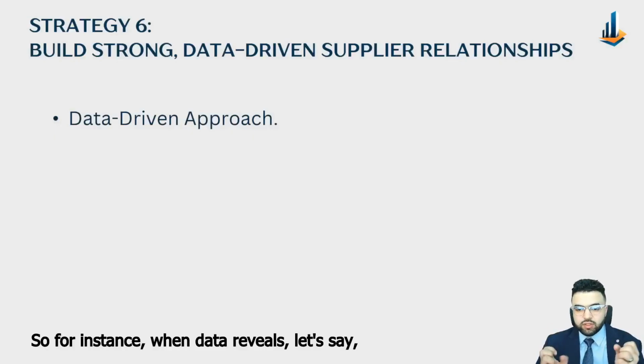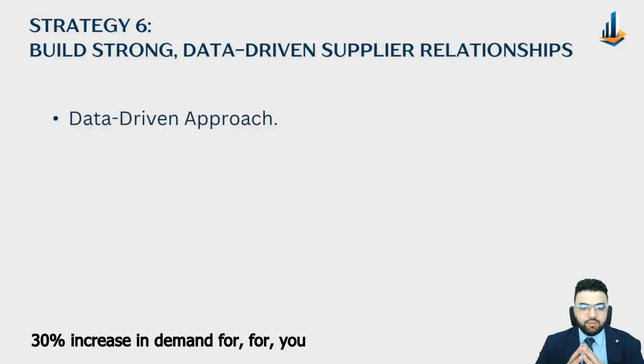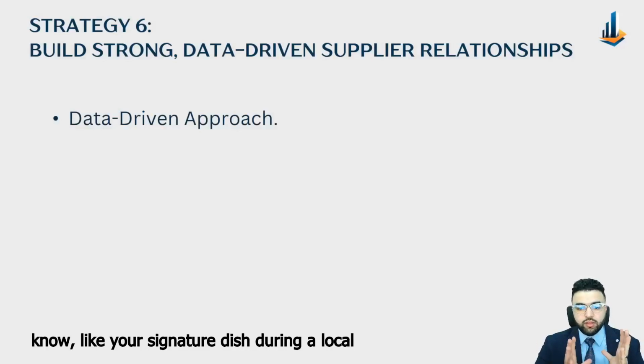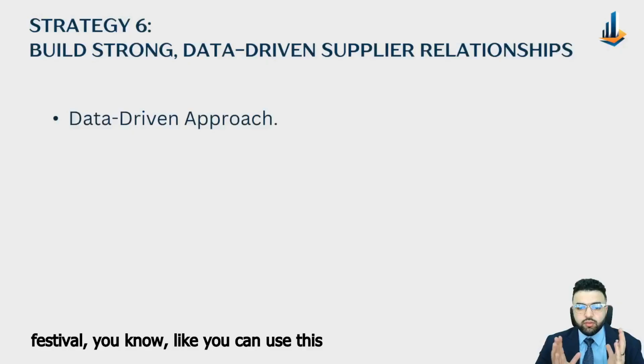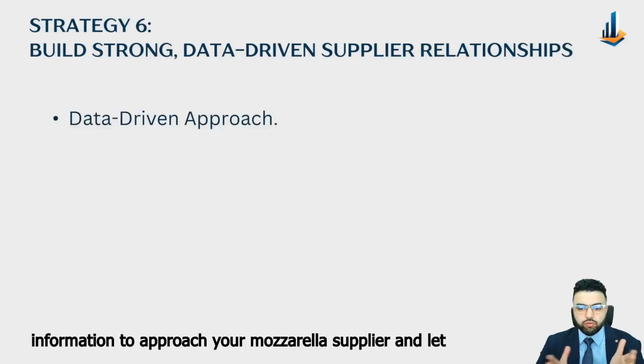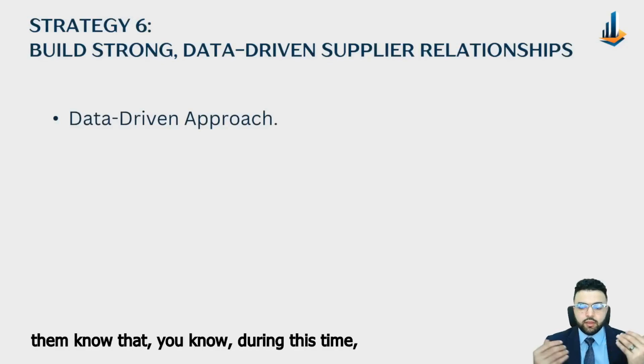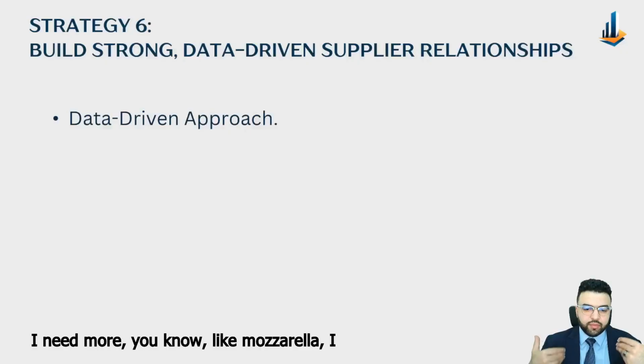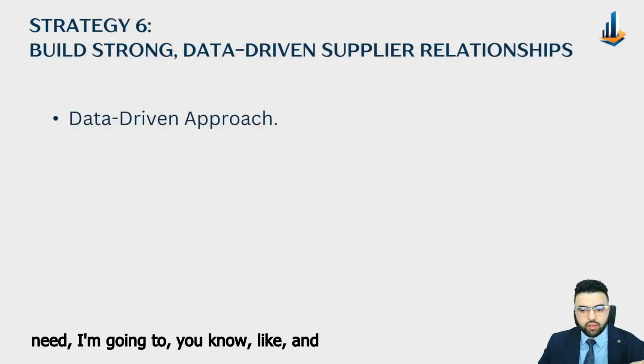For instance, when data reveals, let's say, a 30% increase in demand for your signature dish during a local festival, you can use this information to approach your mozzarella supplier and let them know that during this time you need more mozzarella.